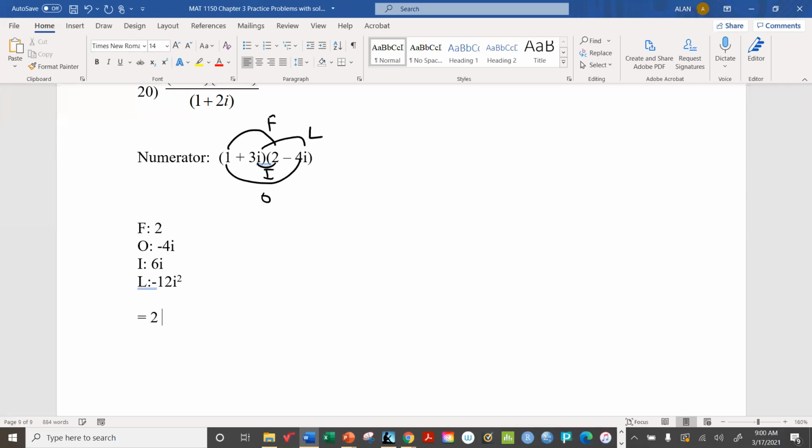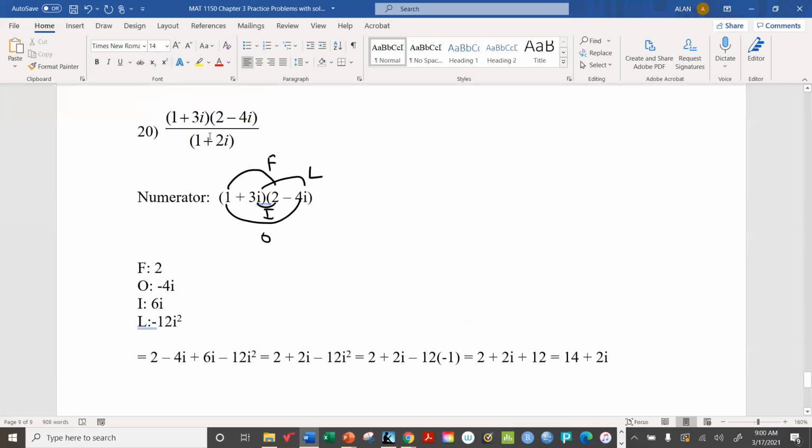So we have 2 minus 4i plus 6i minus 12i squared. 2 plus 2i minus 12i squared. 2 plus 2i minus 12 times negative 1, plus 12, is 14 plus 2i. So it's not that simple, but all right.